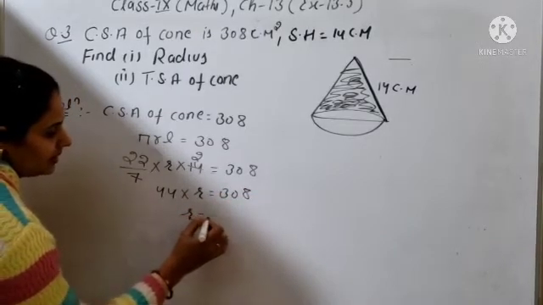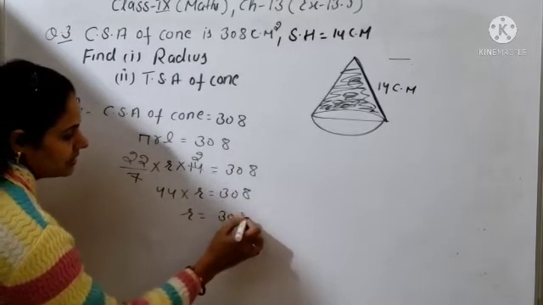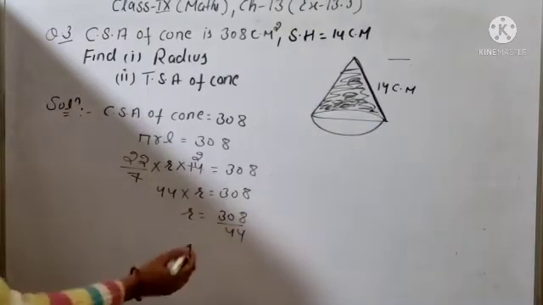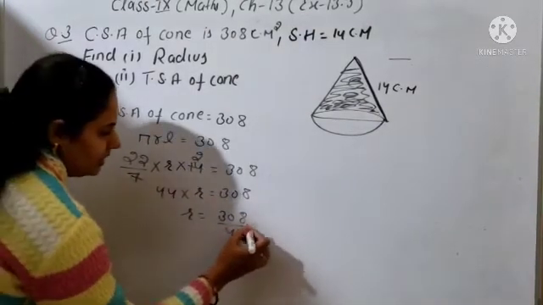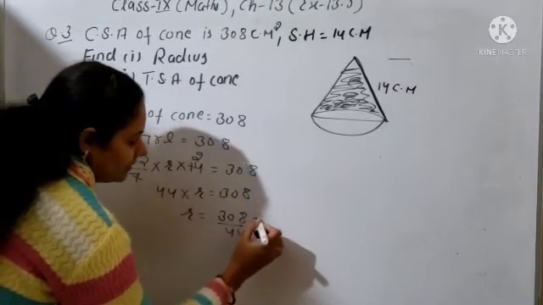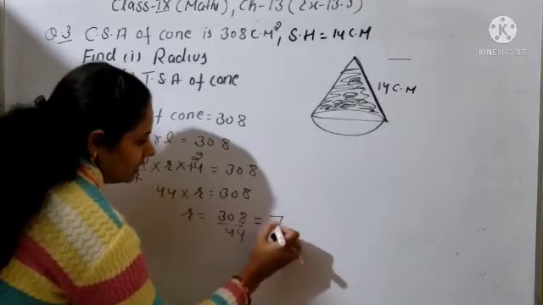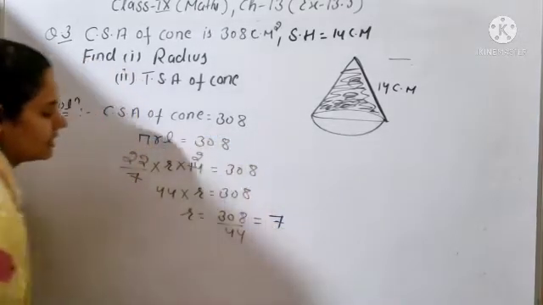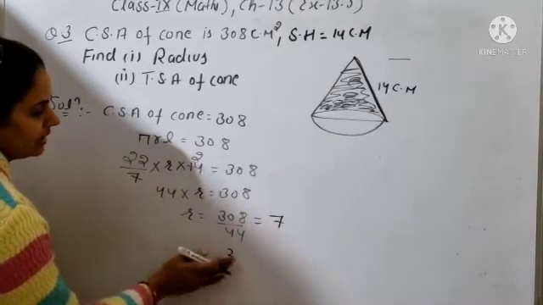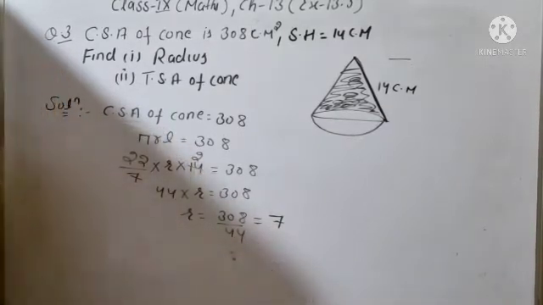So what will be the radius? 308 divided by 44. Clear? Now when you divide 308 by 44, it will divide completely, and you get the answer 7. 7 fours are 28, 7 twos are 14, and 2 is 30. Yes. So radius r is equal to 7.